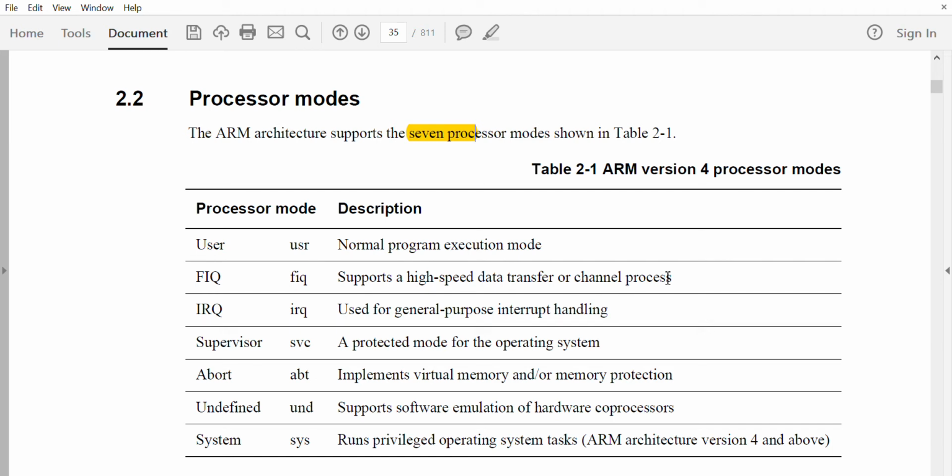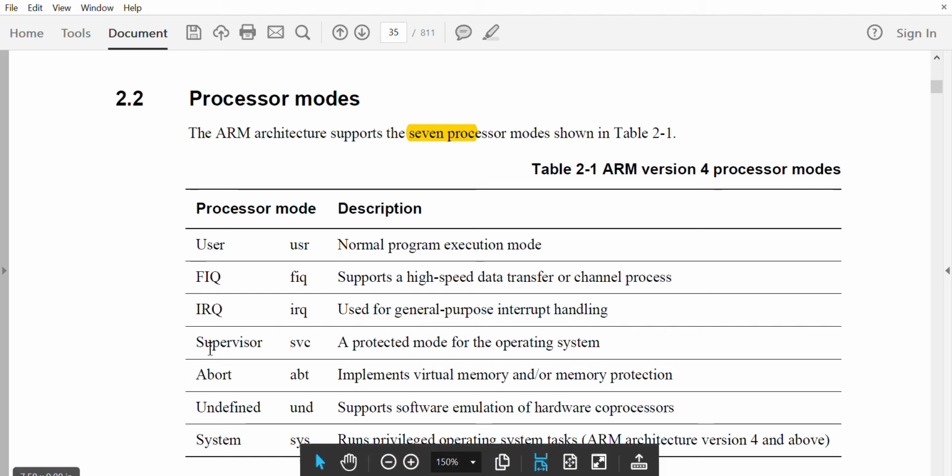That is a special kind of mode which supports high speed data transfer. That is the second type of mode. Then IRQ, the interrupt request, is used for general purpose interrupt handling.